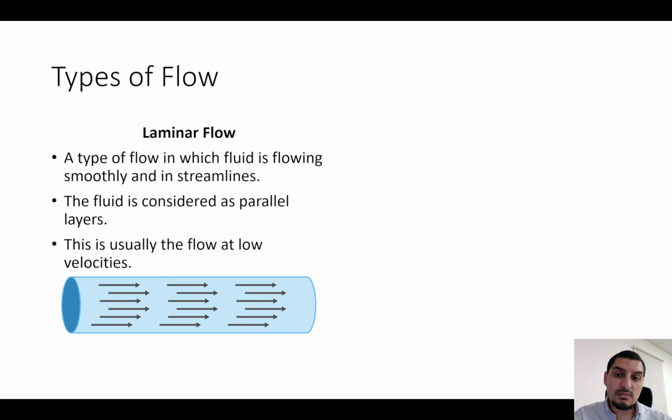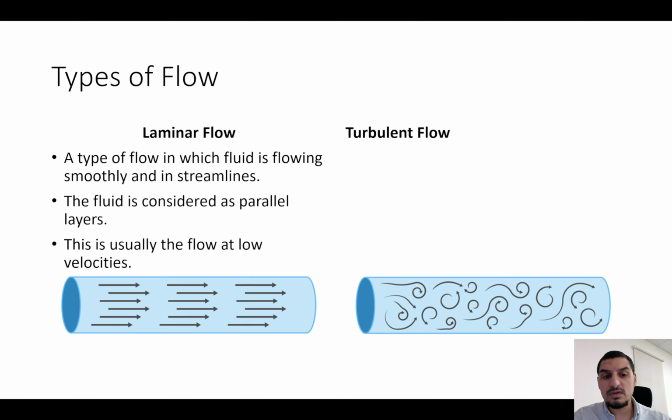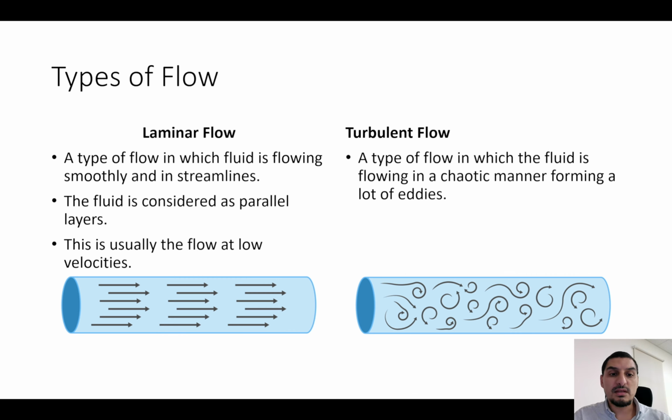While the other case is what we call a turbulent flow, and I think turbulence also tells a lot about how the fluid is flowing. So for a turbulent flow, the fluid is not flowing in parallel layers as it is the case in laminar flow. It's flowing in a very chaotic way, and the flow creates a lot of eddies while the fluid is flowing.